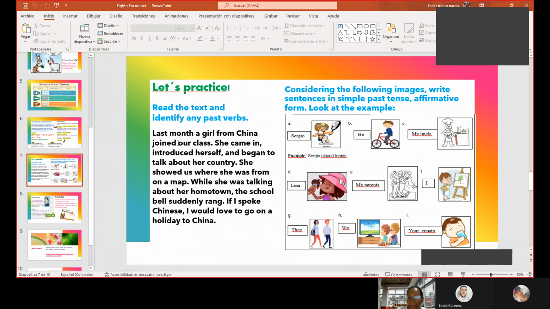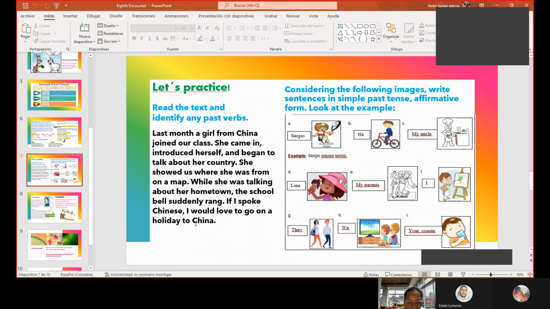Because if you say join without ed, the base form, you say join. But when you say the past form with ed, you say join it. Sometimes the letter e is small, but the letter d sounds a little more. Join it, introduce it.